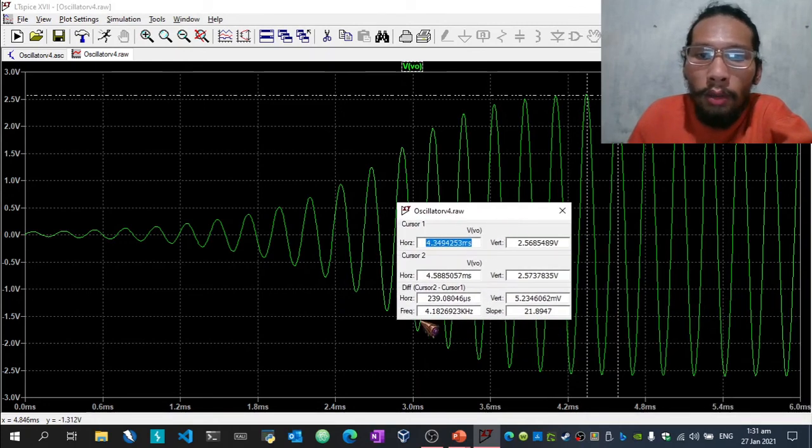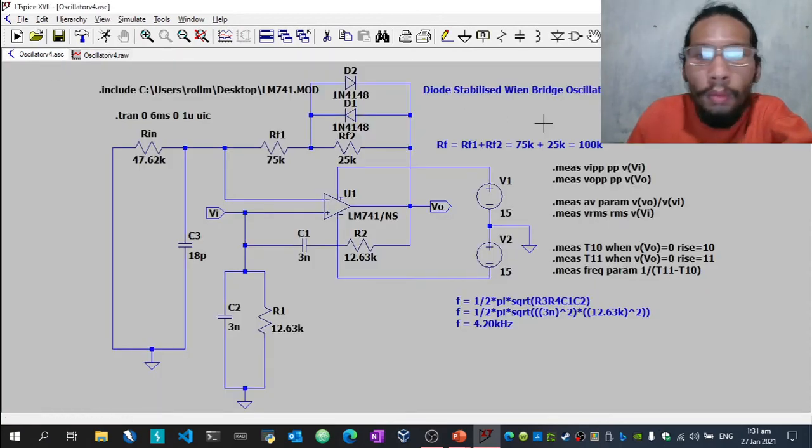To make sure of the value we get here in the plot, use the spice directive .measure, and that is .measure frequency param 1 over T11 minus T10. Additionally, .measure is used to get the peak-to-peak voltage input, the peak-to-peak voltage output, the voltage gain, and the VRMS of the voltage input.